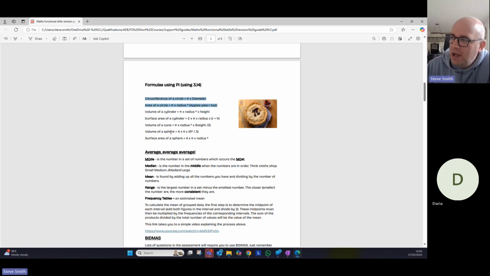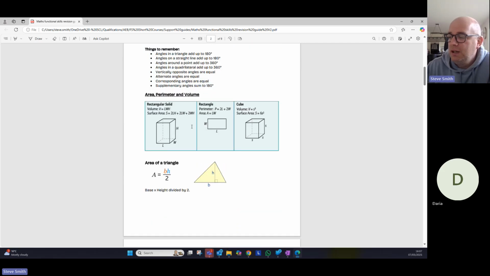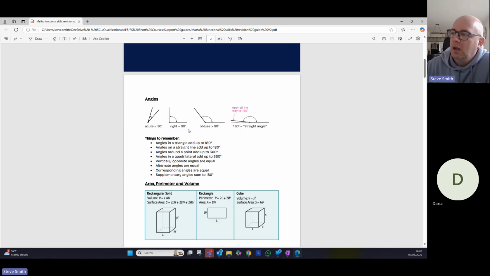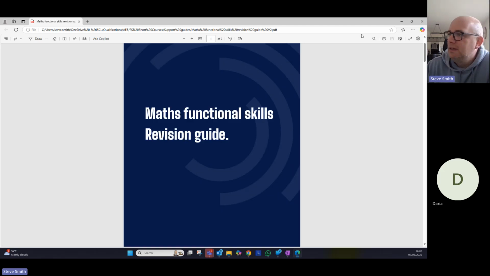If you have to work out any of these three, the formula is given to you, so you don't have to remember those. But I'll send this out again today. Look, we've got a volume here. We've got some angles there, so I'll send this out again today. So the new people that have started in the last couple of weeks, it's then back with them. But what some people do is they remember a couple of ones that they've always got a little bit grey in their brain, and then as soon as they get to the exam, they write them on a piece of paper.